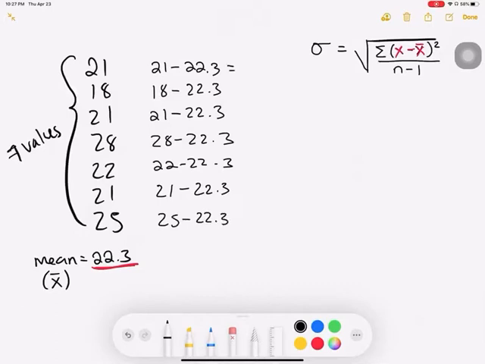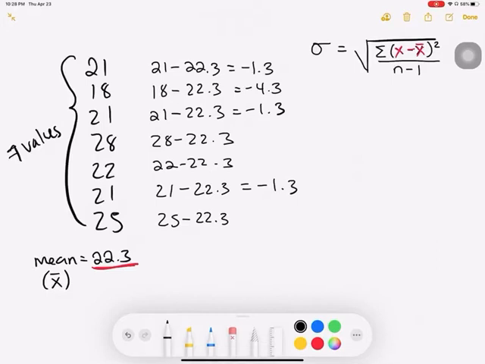So let's see what the results are going to be. If they're positive or negative, it doesn't really matter. The first result is going to be negative 1.3, and I believe this is also going to be negative 1.3. The second value is going to be negative 4.3. That's for the 18.